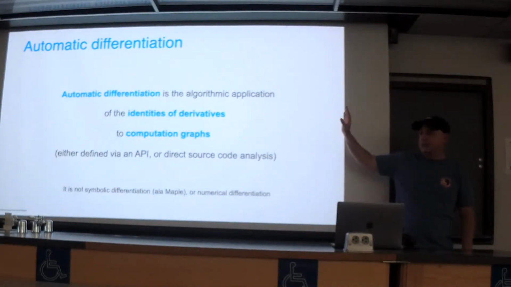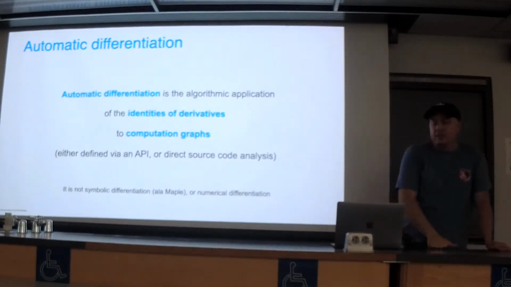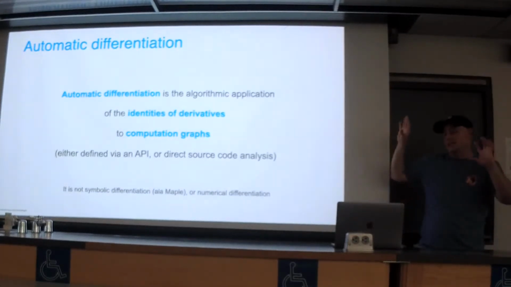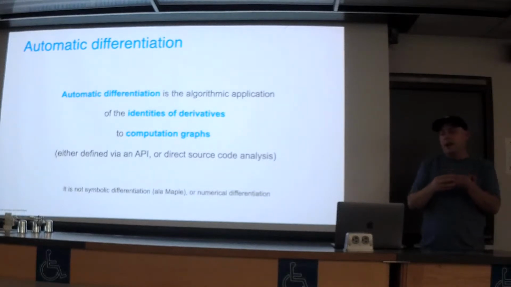You will just put differentiable functions, or almost differentiable functions, into your code. You'll define these things, and the code will be able to look at them and say, this is actually the computational graph.